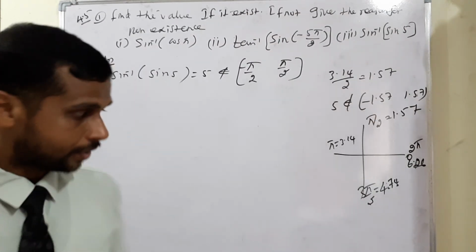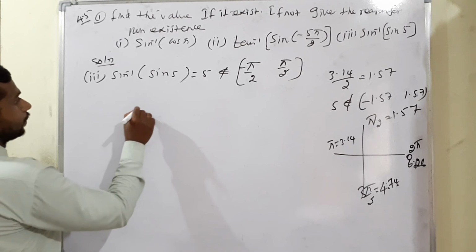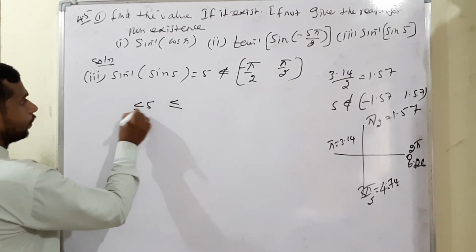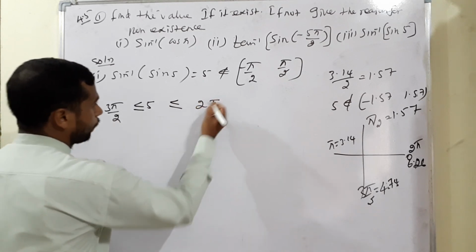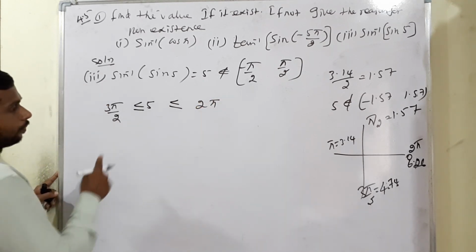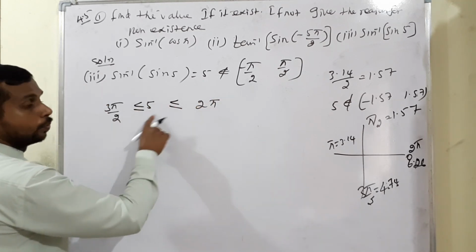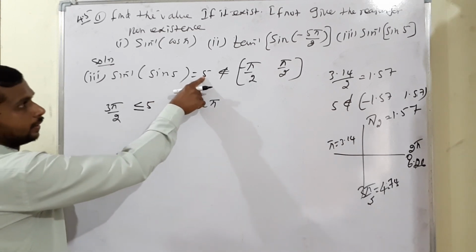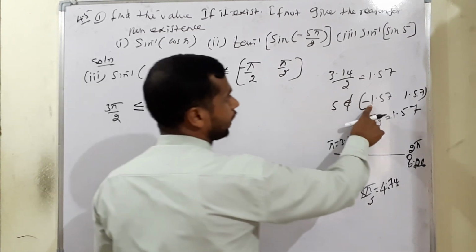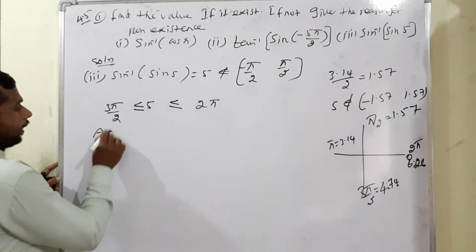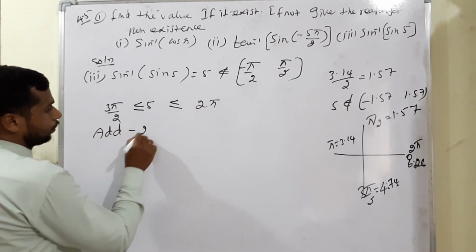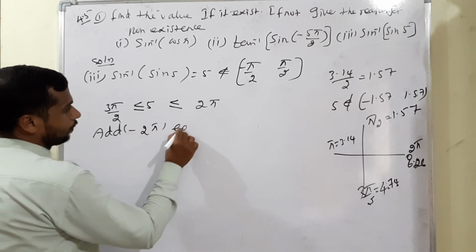So how to rearrange it? Pi less than or equal to 3 pi by 2 up to 2 pi. Now what do we have to do? Add negative 2 pi on both sides. Then only we can show the value in between negative 1.57 and positive 1.57. So add negative 2 pi on each and every side.